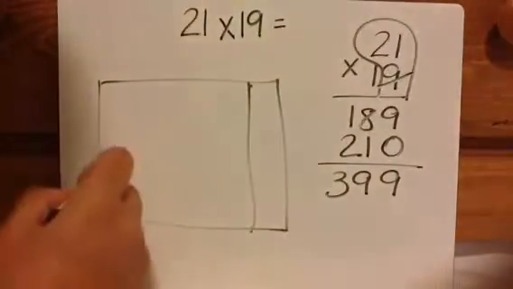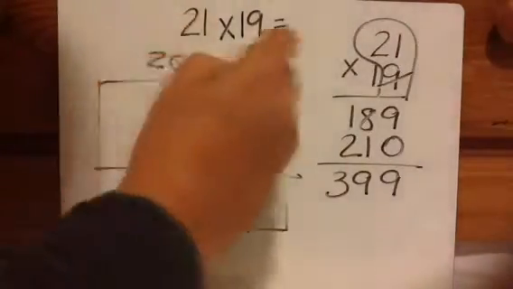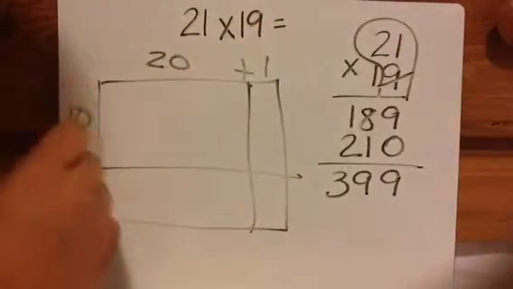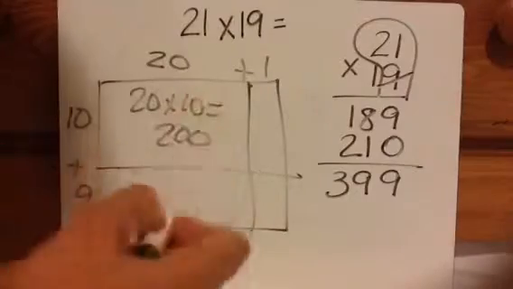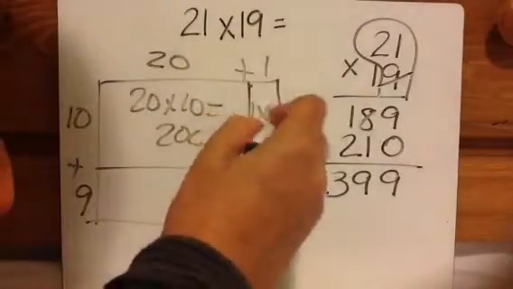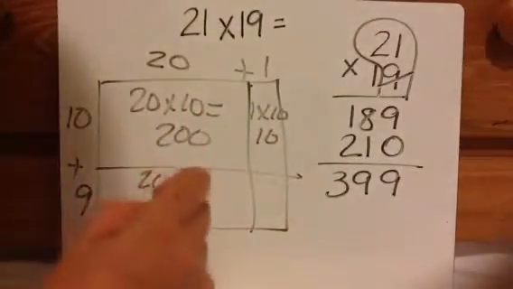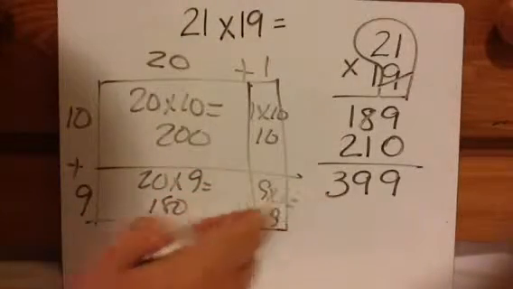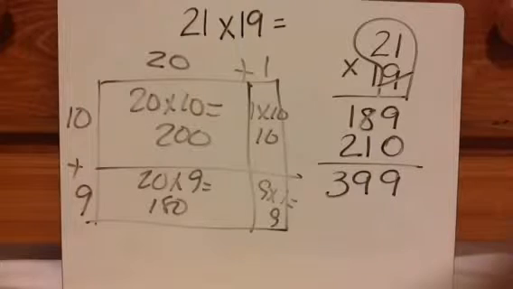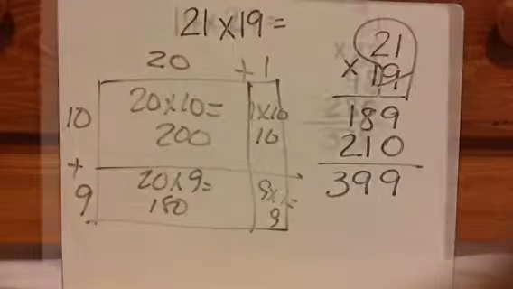It helps just so you can visually see 20 plus 1, 10 plus 9, 20 times 10 equals 200, 1 times 10 equals 10, 20 times 9 equals 180, 9 times 1 equals 9. It's good practice, so it'll all connect.